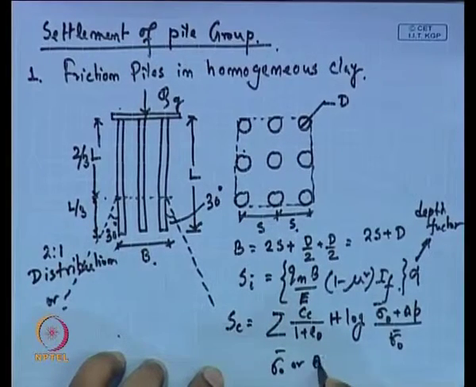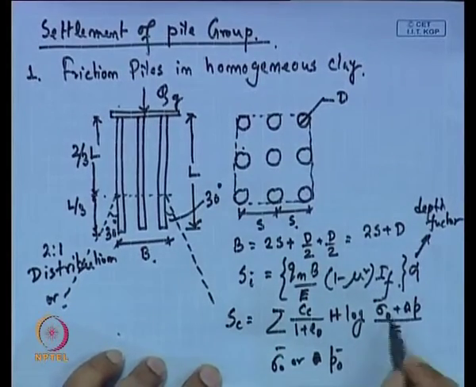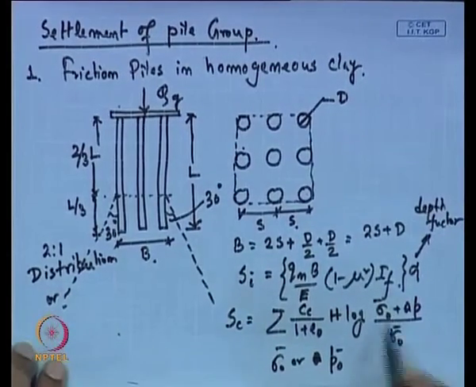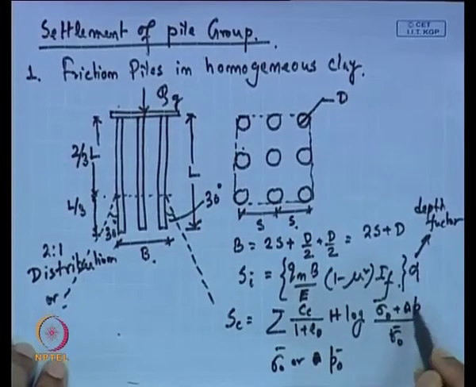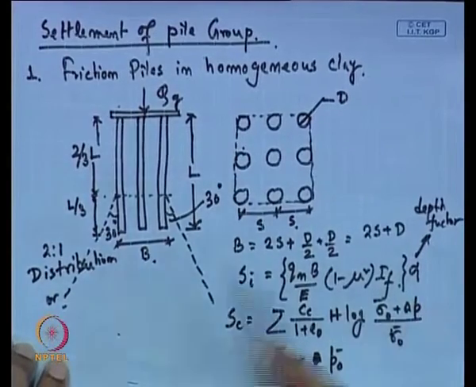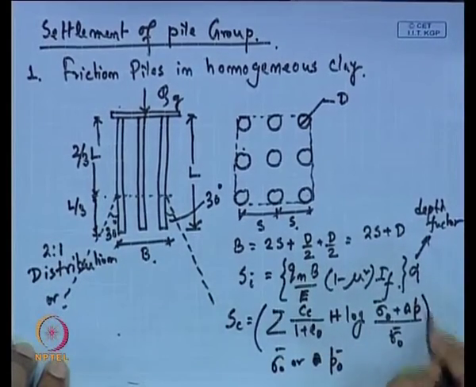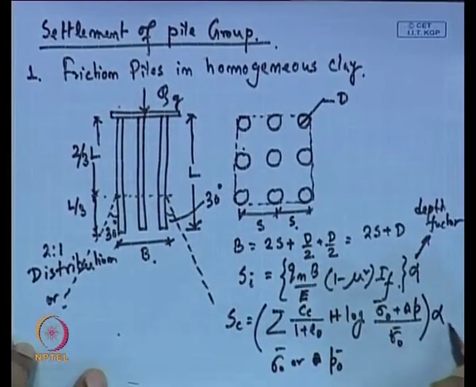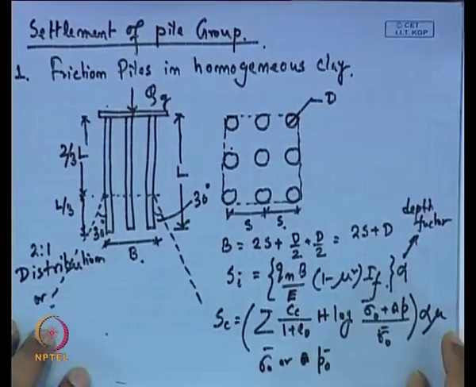So, sigma 0 bar is the effective overburden pressure at any point, and del p is the increment of stress due to the application of this load. So, again here we have to multiply it by alpha and then mu.